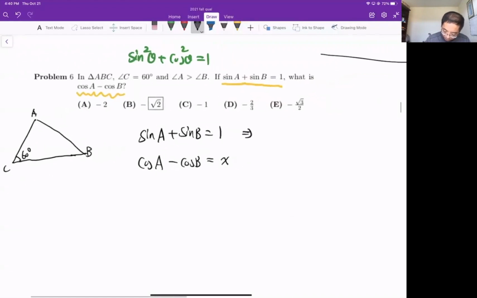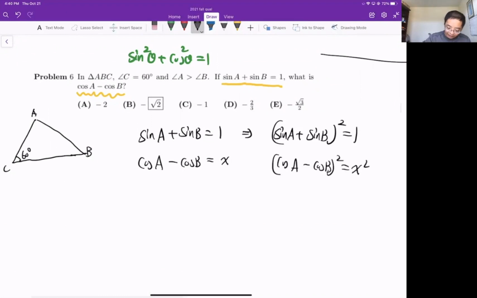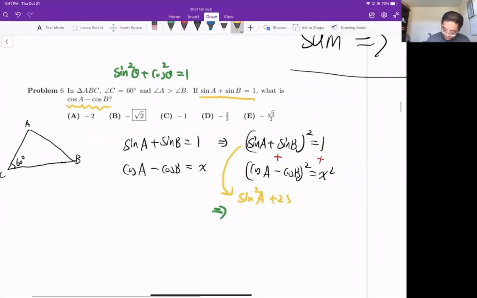From here, we get sine A plus sine B squared equals 1, and cosine A minus cosine B squared equals X squared. Then we add them together. The first one gives sine A squared plus twice sine A sine B plus sine B squared equals 1.